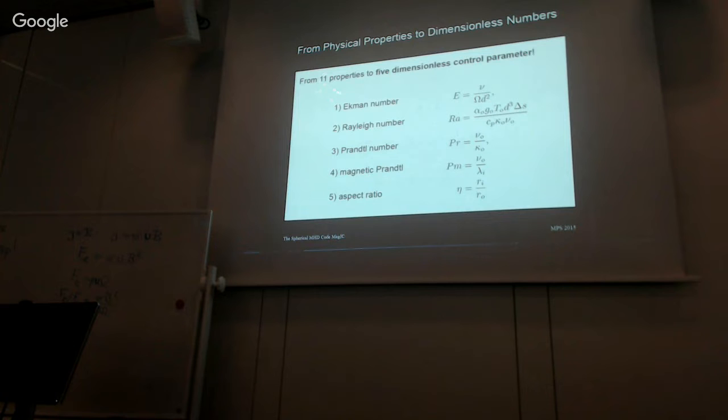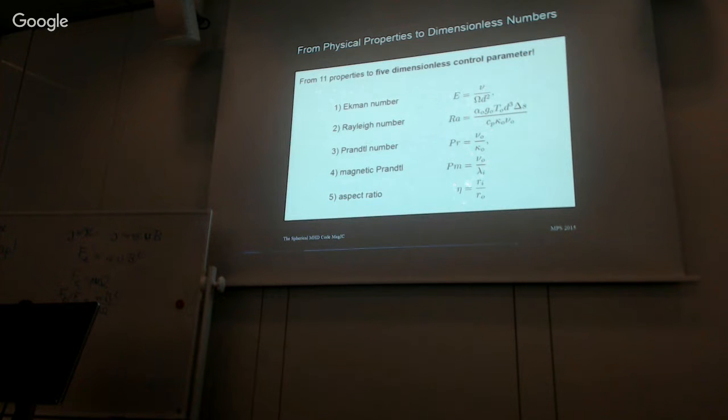And you throw in 11 different properties: viscosity, rotation rate, shell thickness, thermal expansivity, gravity, here normalized by the gravity at the outer boundary, which is why I go for outer, a temperature scale, Cp, kappa the thermal diffusivity, and magnetic diffusivity.